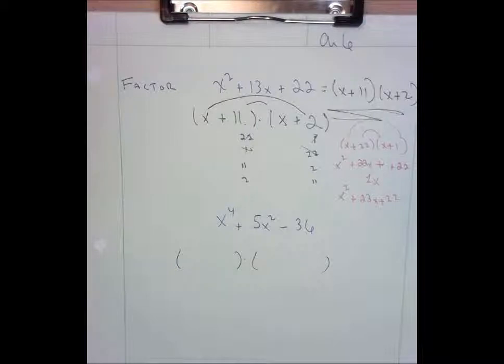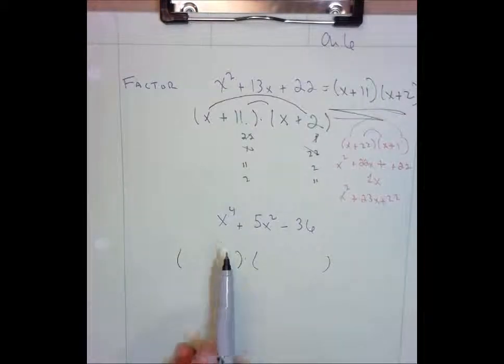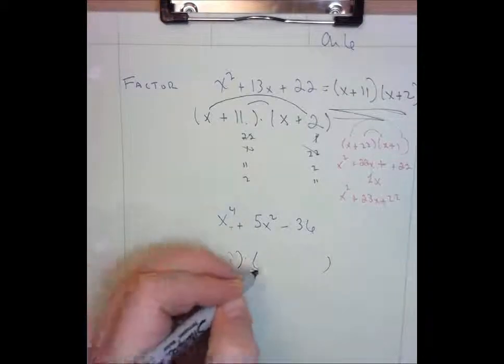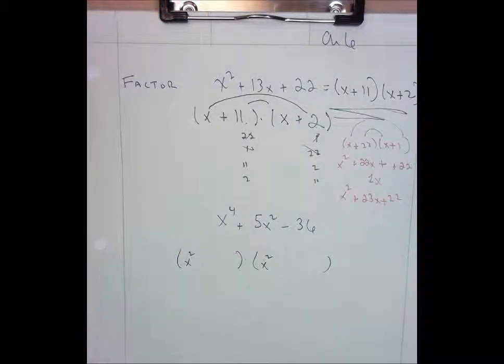So the leading term here is x to the fourth, and the middle term has x squareds. And remember, the middle term will get produced by adding two cross terms that would occur during multiplication. So rather than leading with x and x, how could we make that x to the fourth? Well, let's suppose we had x squared and x squared as the leading parts. When we started multiplying that out, that would certainly produce an x to the fourth.